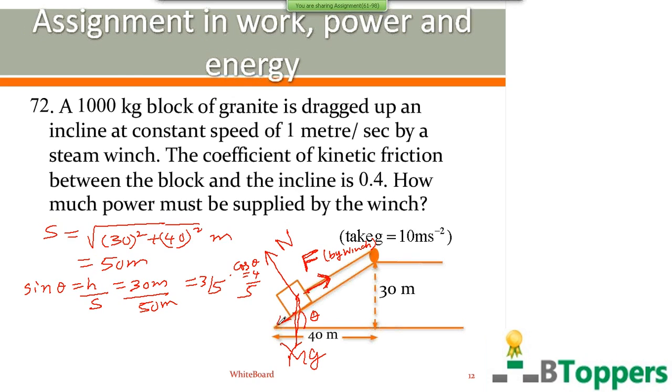So if you consider the forces which act on the block here, the weight mg of the block acts vertically downwards. The normal reaction force acts perpendicular to the inclined surface and directed away from the inclined surface. The force of kinetic friction acts down the inclined path. You can resolve the weight mg into components parallel to the inclined surface and perpendicular to the inclined surface.